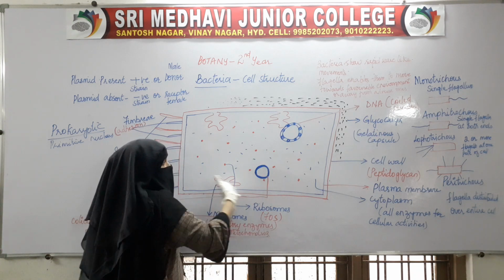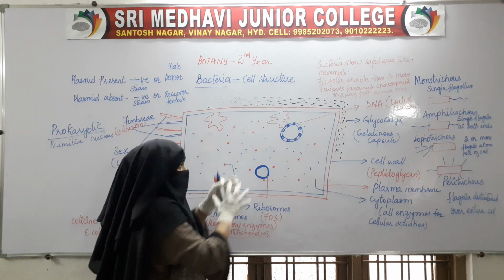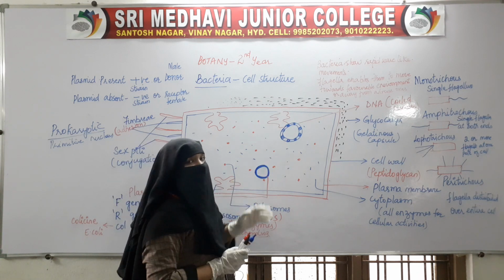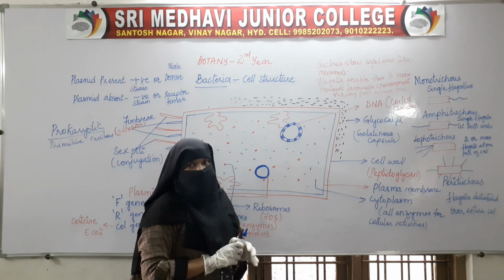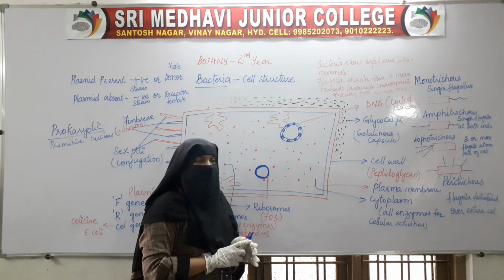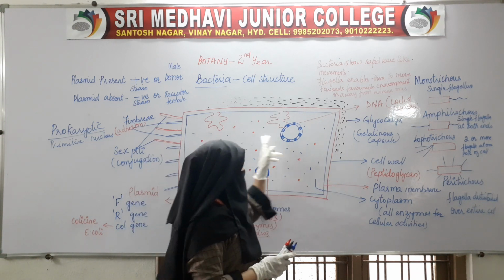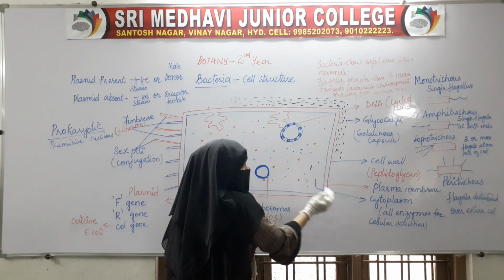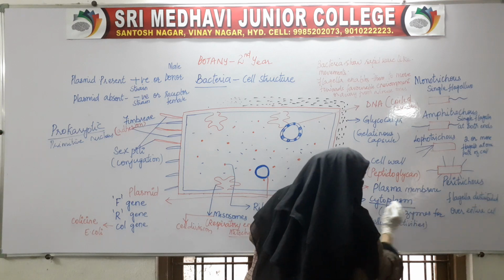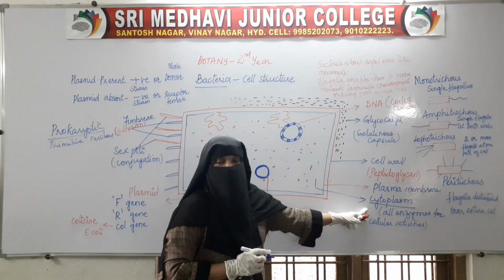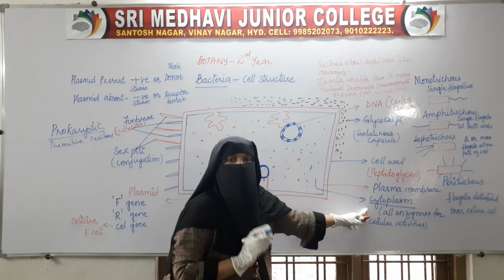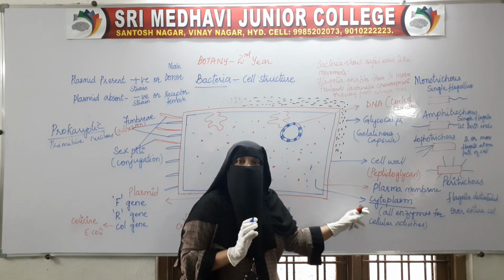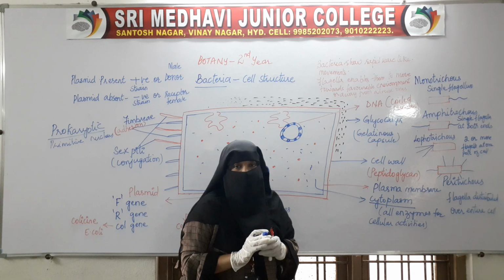Now, inside the plasma membrane there is a space, and here cytoplasm will be present. Inside the cell, these blue ones, this is the cytoplasm. Cytoplasm consists of all the enzymes which are required to carry out the activities of the cell.